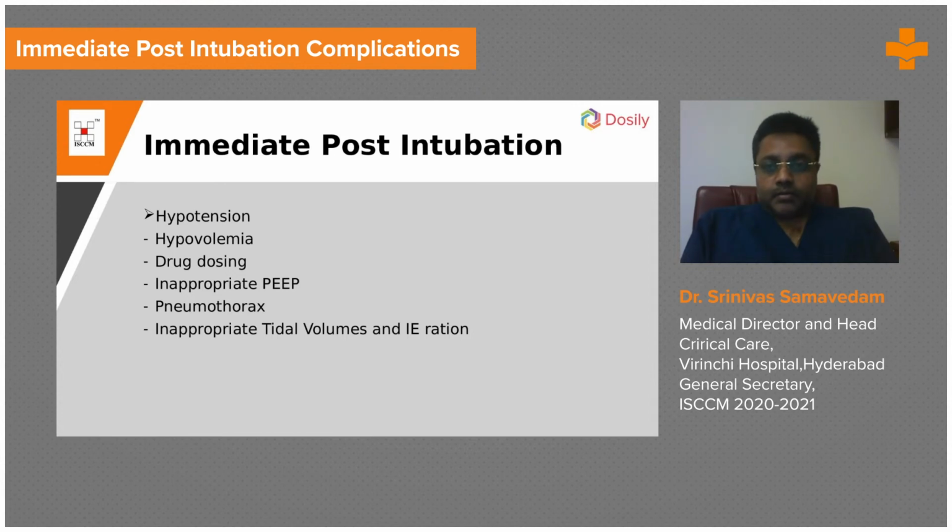So if you are setting PEEP on a patient who is hypoxemic and your escalation of PEEP is causing a fall in blood pressure, first consider that this could be because of hypovolemia. If your intravascular volume is adequately filled, inappropriately high PEEP can produce hypotension by producing a pneumothorax or a barotrauma, so trauma by pressure.